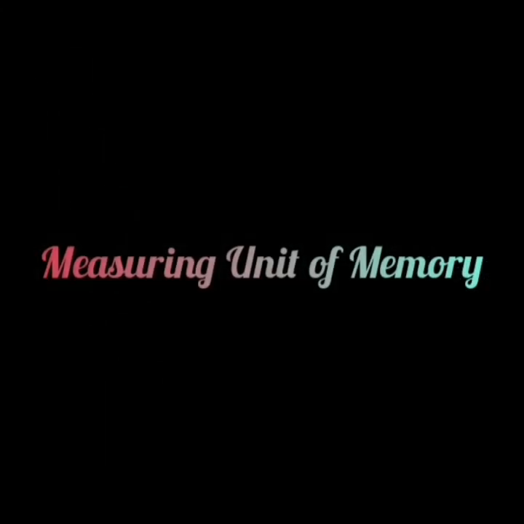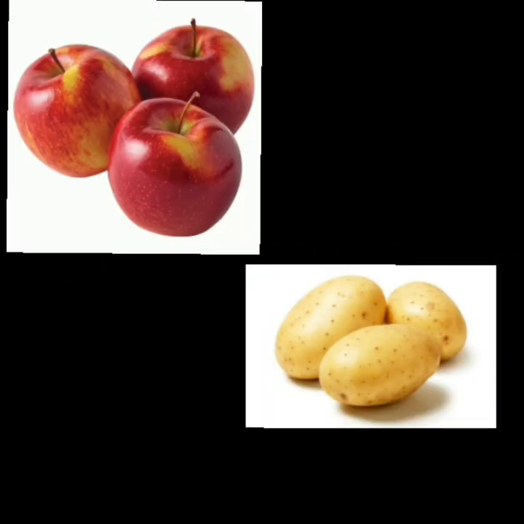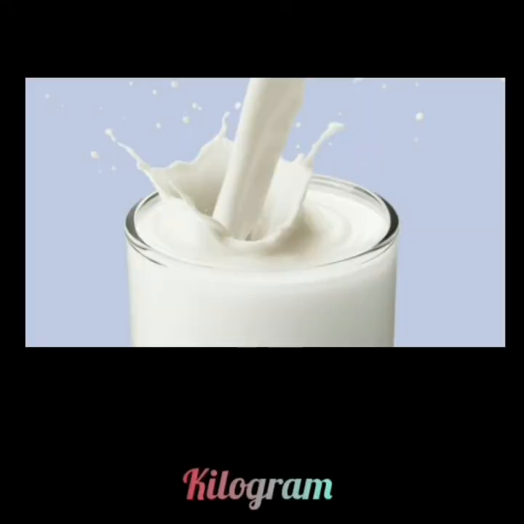Measuring unit of memory. The unit of measurement is different for different products. For example, the unit of measurement for apples and potatoes is kilogram. The unit of measurement for milk and other liquid products is liter.